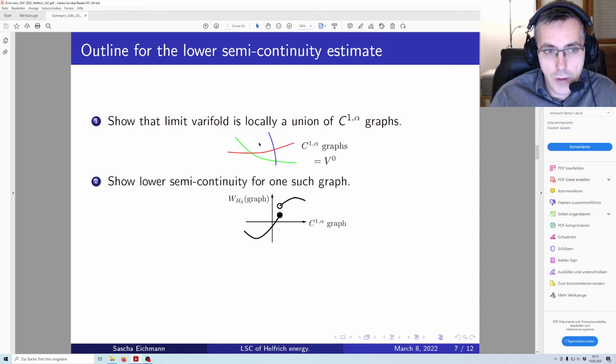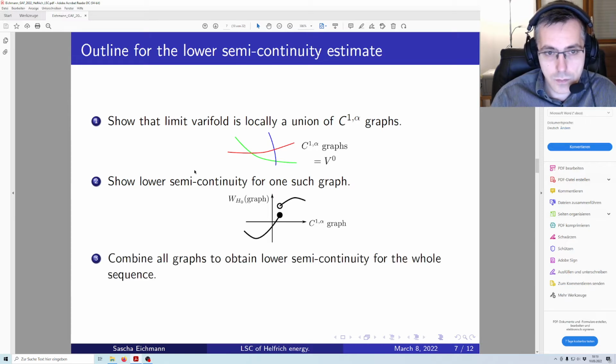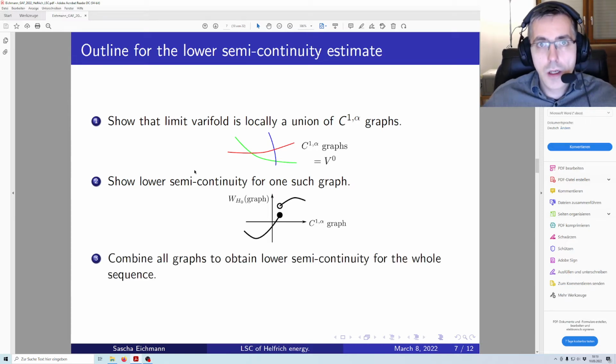So if we have shown this, we can actually show lower semi-continuity for one such graph, for example for the red one. And then afterwards, we combine all of these together to obtain a global lower semi-continuity estimate for the whole sequence.